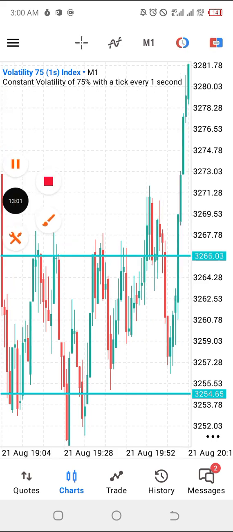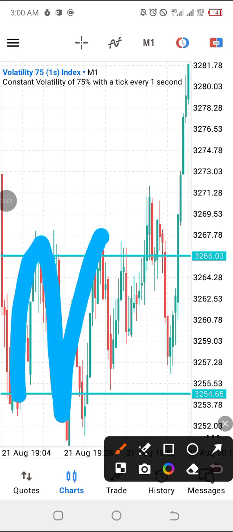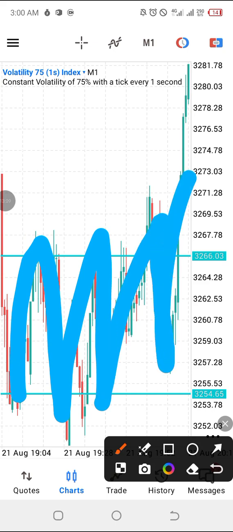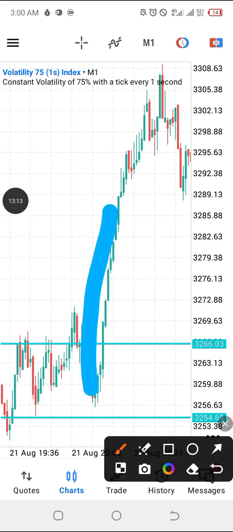So as you can see, it went up, came down, went up, came down, went up. It came down, then it broke out. At this point, we will see that the bulls are now in control.